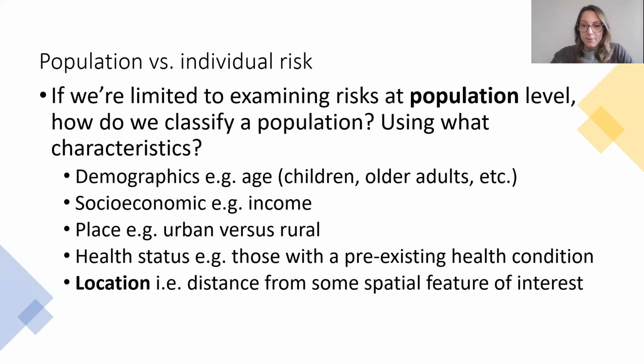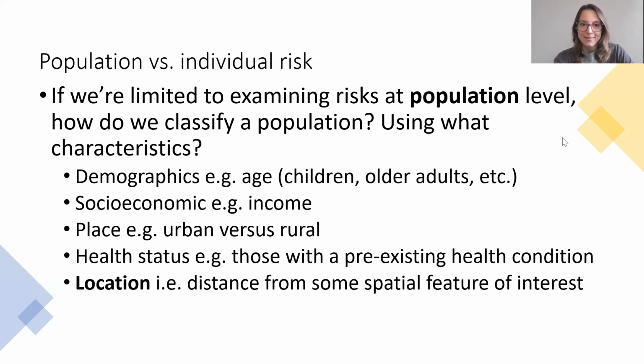Health status is another really important one that you might see, especially when you're thinking about the context of comorbidities, so people who have more than one disease. If you're trying to study their risk of developing some other disease, you want to make sure that you know what kind of diseases they might already have, because it might influence their risk for developing other diseases. And then this other characteristic, location.